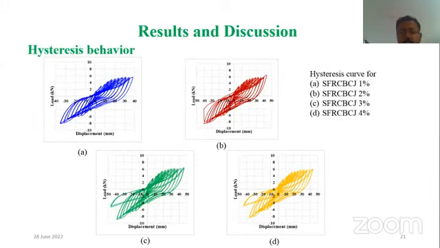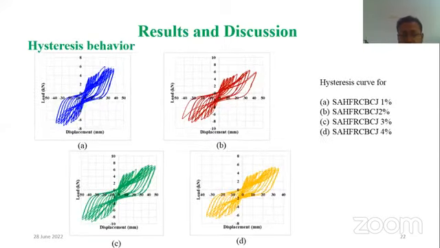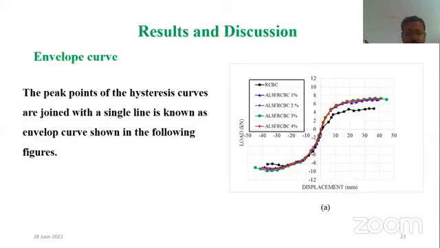This is for the steel fiber reinforced concrete beam column joint with different percentages of fiber. Figures A, B, C, D represent 1% steel fiber, 2%, 3%, and 4% steel fiber. And next, this is the steel Erica hybrid reinforced concrete beam column joint with 1%, 2%, 3%, and 4%. Further, we can see the envelope curve.